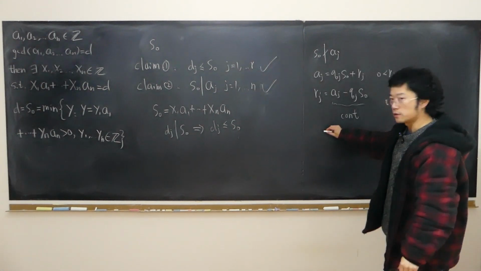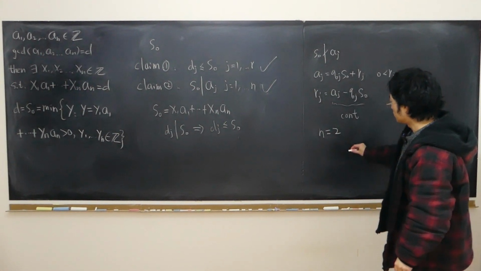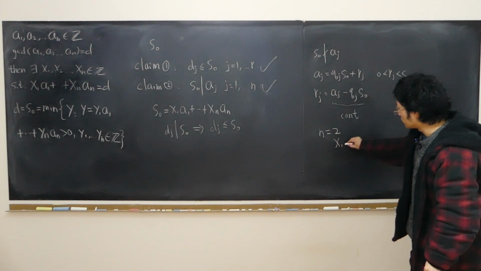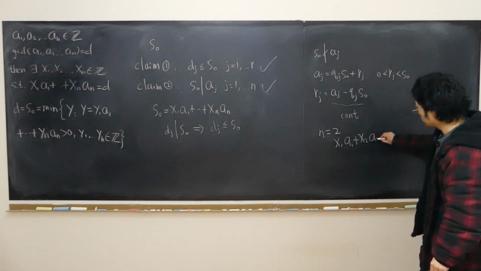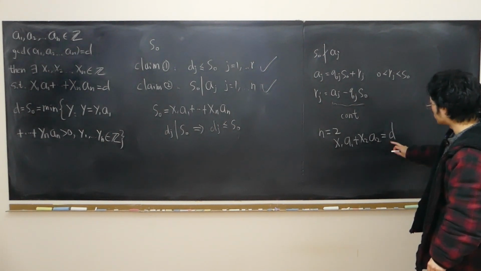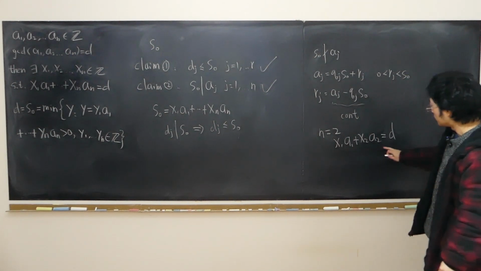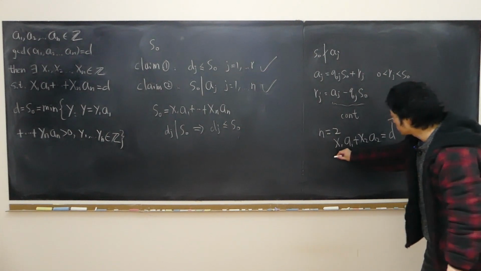Of course, in the special case where n is equal to 2, then we have x1 a1 plus x2 a2 is equal to D, the greatest common divisor of a1 and a2. So that is essentially Bezout's theorem.